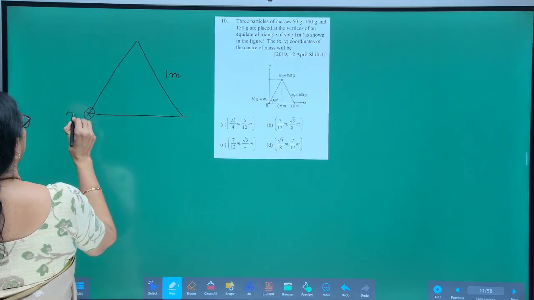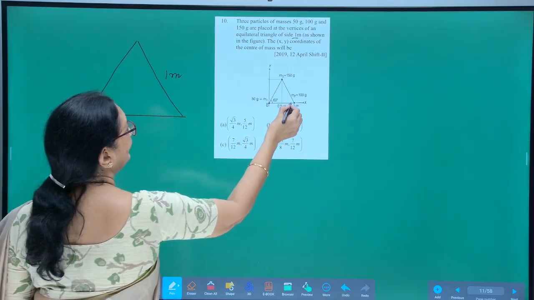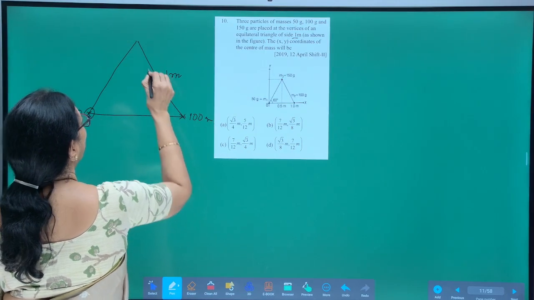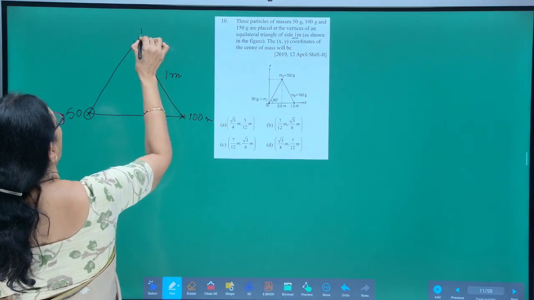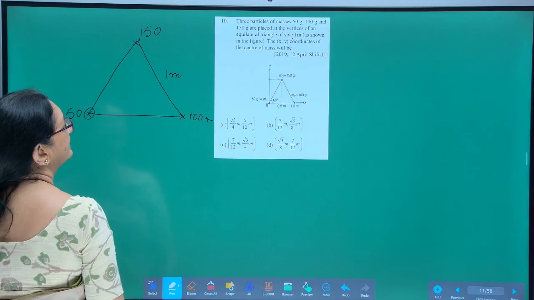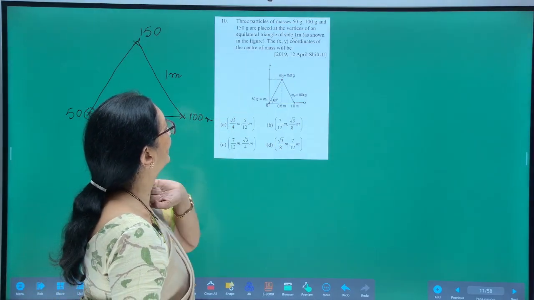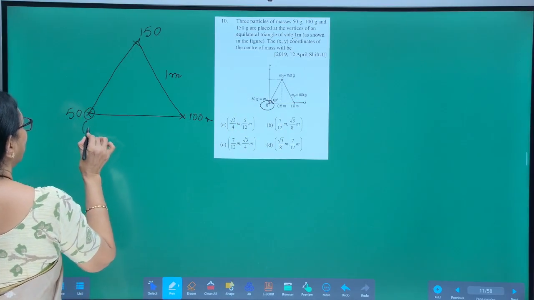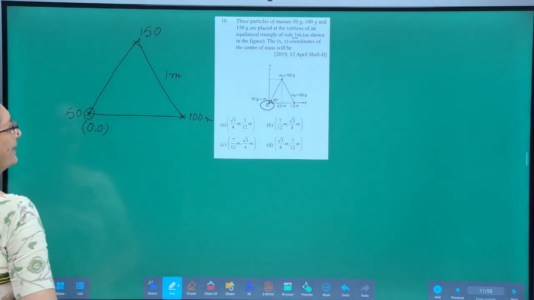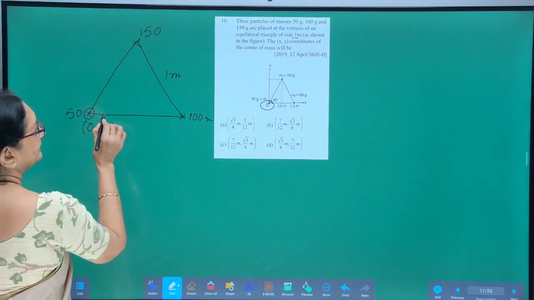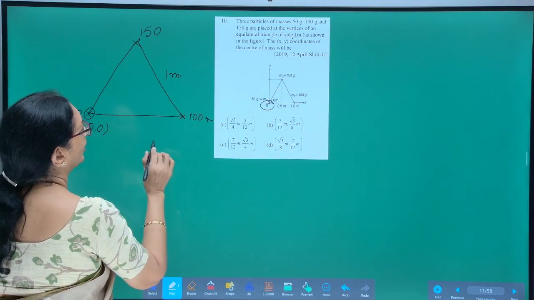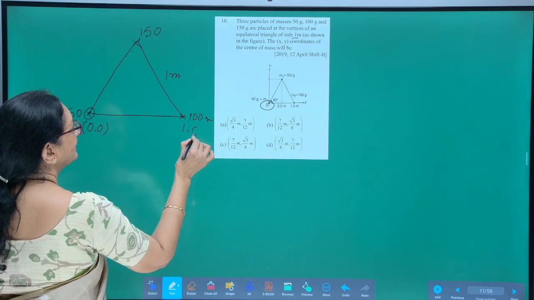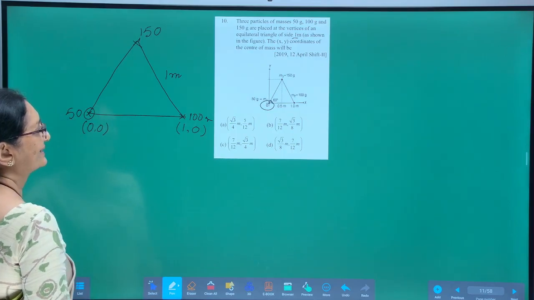Here 50 gram mass is placed and here 100 gram mass is placed and here 150 gram mass is placed, right? The xy coordinates of center of mass with respect to this. So, let us write the coordinates. This becomes 0, 0. This is 1 meter long. So, its coordinate is 1, 0 because it lies on the x-axis.